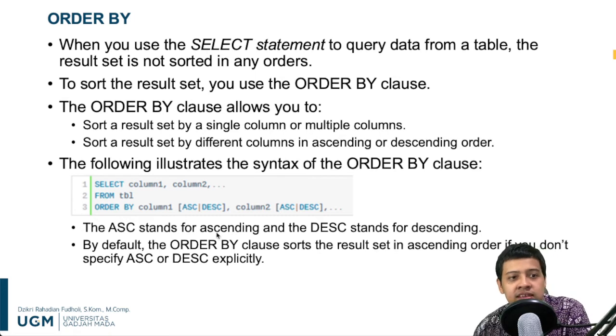The ascending or descending, ASC or DESC, you can choose either one. Do not use two of these. However, by default, the ORDER BY clause sorts the result in ascending. So if we don't write anything about ascending or descending, the default is ascending.